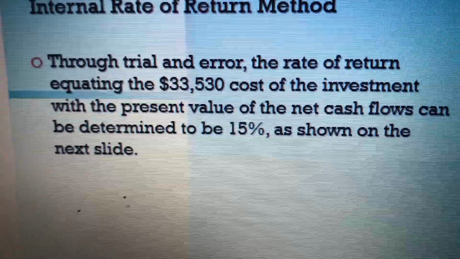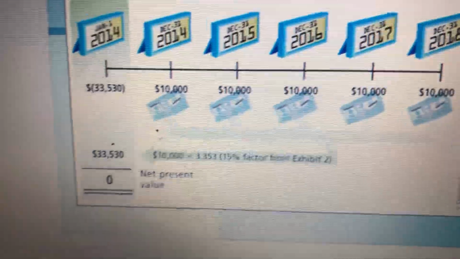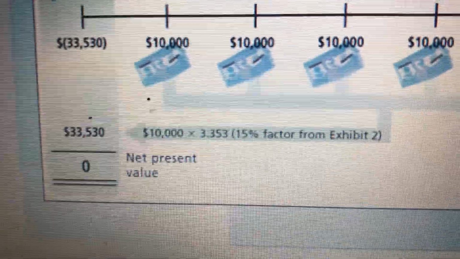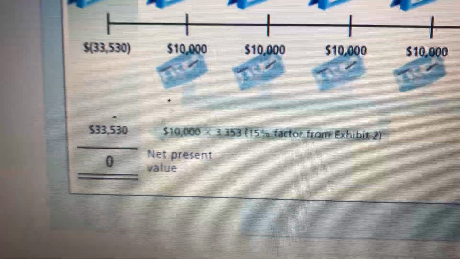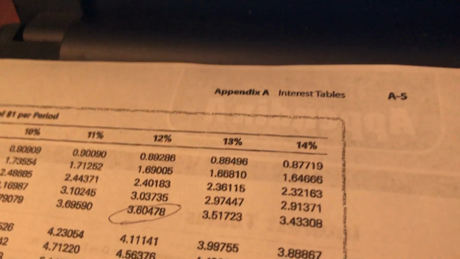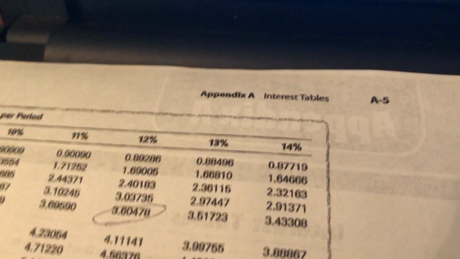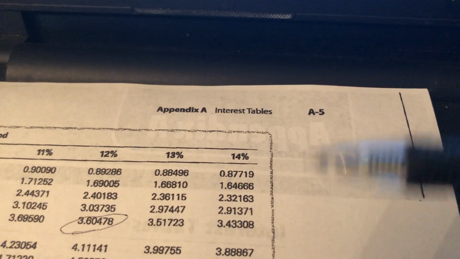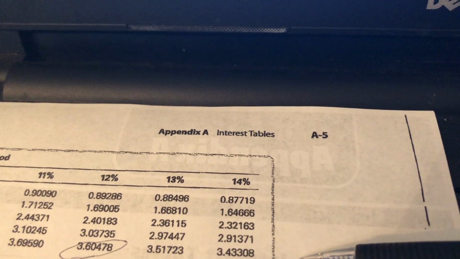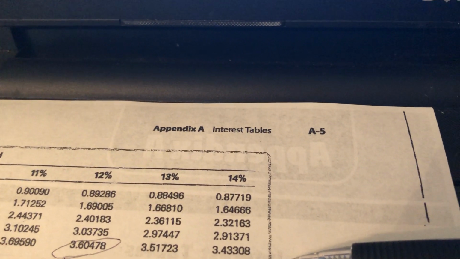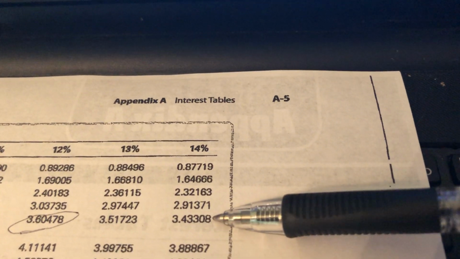So if we had one more column, we could calculate this, and we would come up with 10,000 at 3.353. Okay, again, if you look at your table, it only goes to 14. So what you're talking about is 5 years at 15%. This number would be 3.353, this number right here.